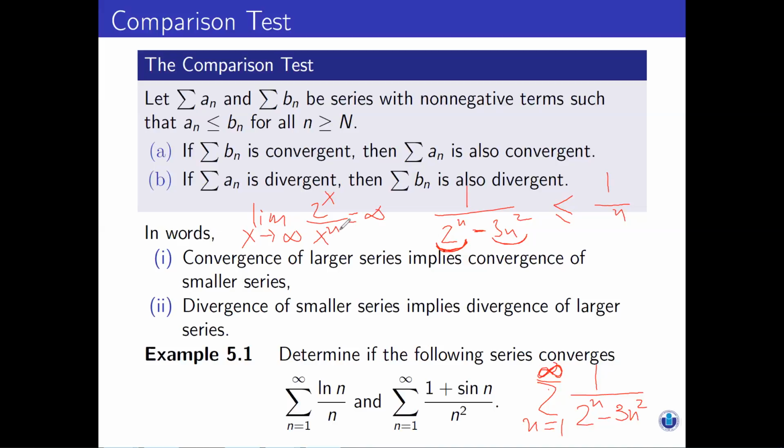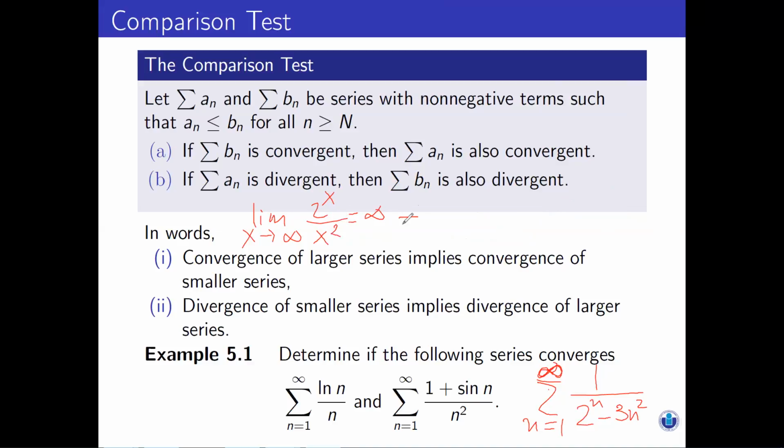So exponentials grow very fast, faster than any powers of x. You can prove this by L'Hopital. You can try L'Hopital on this and you can see that, let's say we do this for number 2.